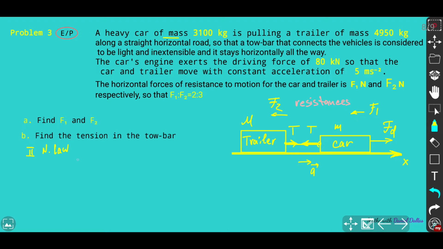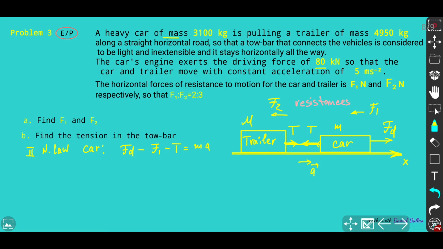So for the car, I will have the driving force, which is 80 kilonewtons. Then I take away all other forces, F1 and the tension, and the result is going to be m times a according to the second Newton's law.